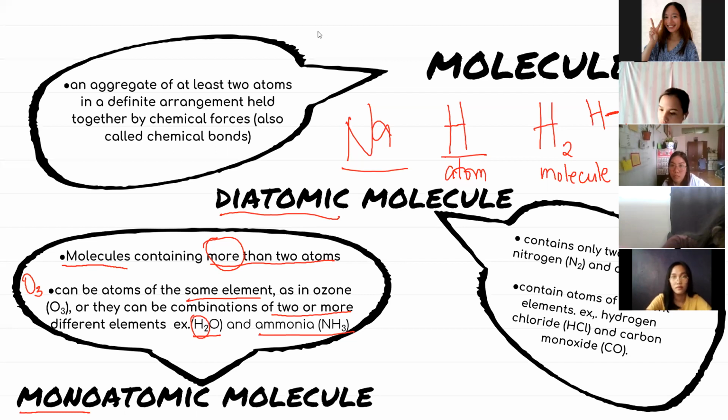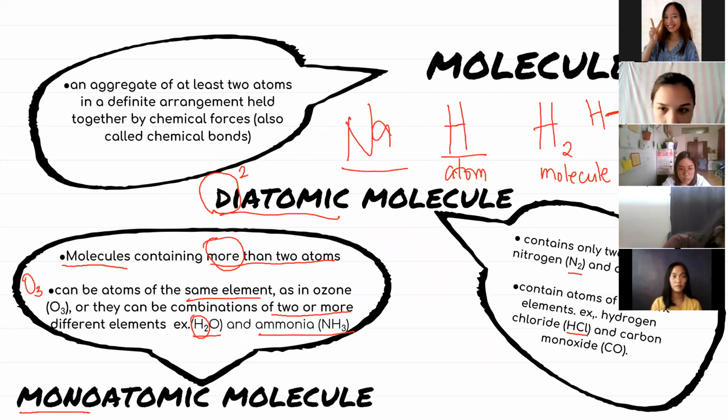What is the meaning of diatomic molecule? A diatomic molecule contains only 2 atoms. Like nitrogen, only two atoms, and oxygen, O2, also only two atoms. It can also be different elements, as long as there are only two atoms, like hydrochloric acid or hydrogen chloride, HCl.